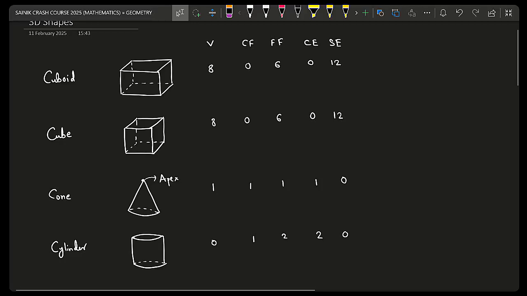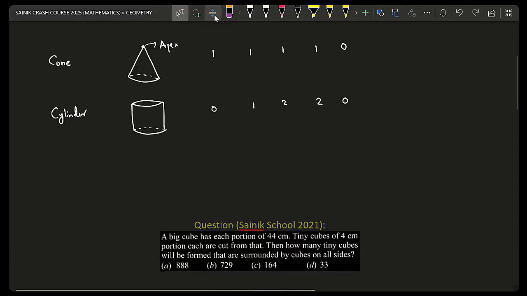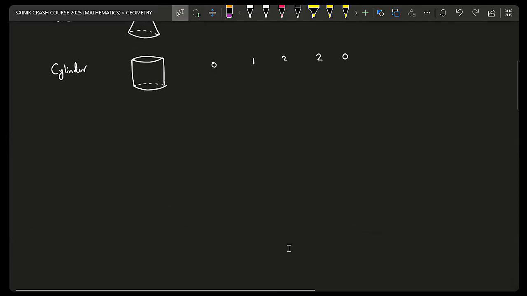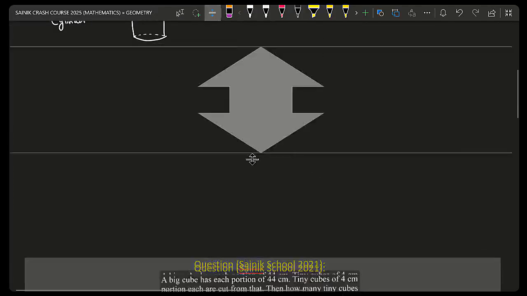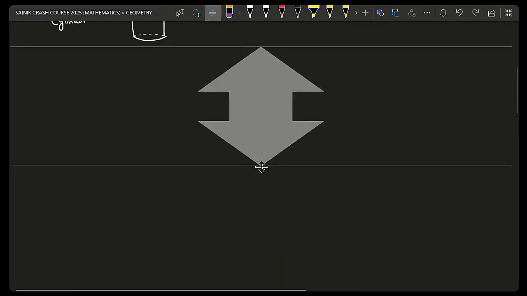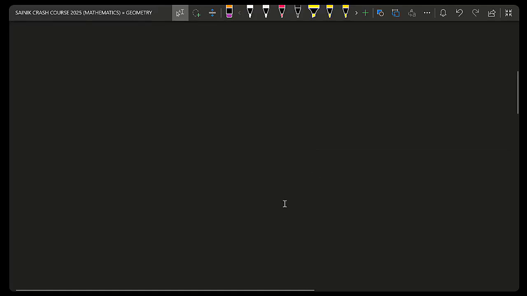So these are the first four figures, and we will continue after that. After cylinder, we have more solid figures, 3D shapes. Let me write the heading again. Here after cylinder, we are going to discuss prism.